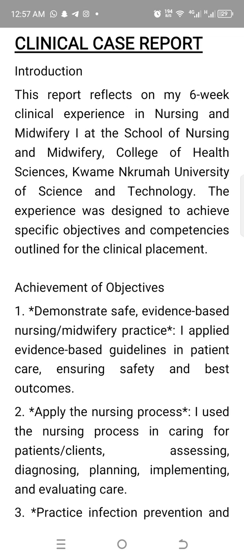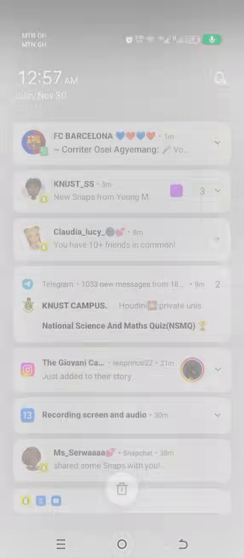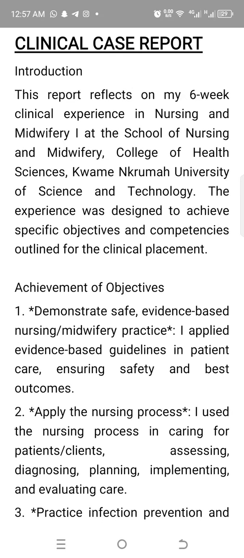You can either start with the introduction and end with the conclusion. You can choose to ignore any conclusion, but you can have a way of concluding everything that you said.